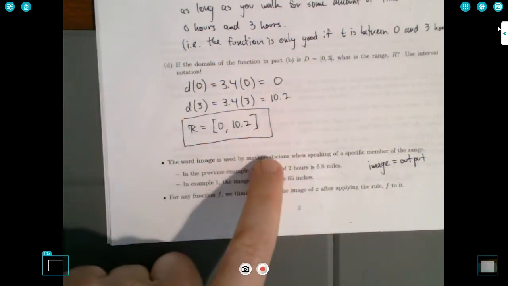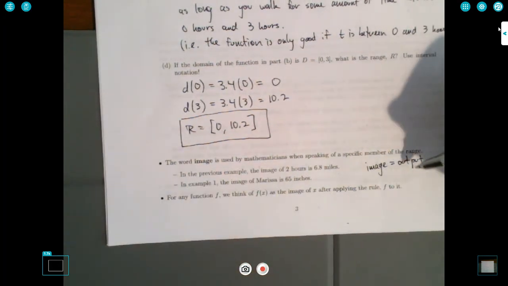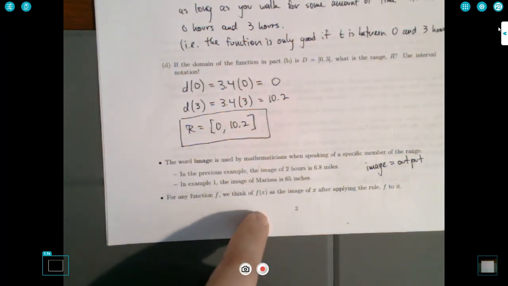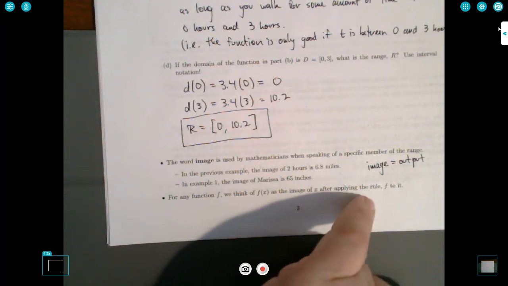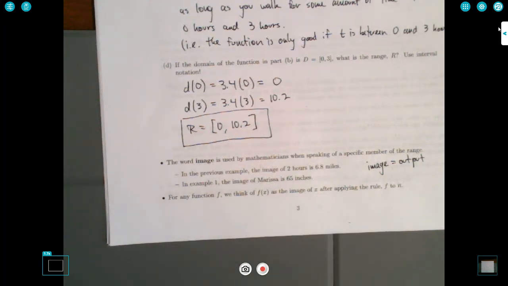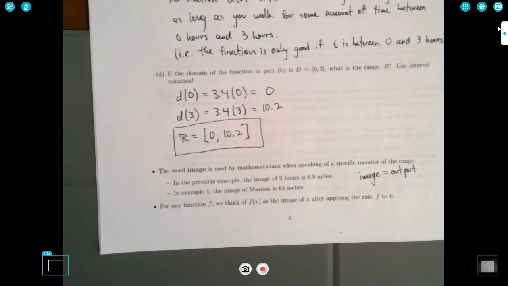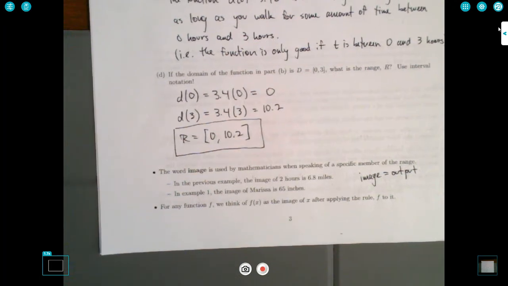But in mathematics, really, we use the word image more than we use the word output. Anyway, for any function f, we think of f of x as the image of x after applying the rule f to it. If that's confusing language, try not to be too confused. It's really pretty straightforward. The image is just the output. So if you have a particular domain element, then the place that the domain element gets mapped to is called the image of that input.